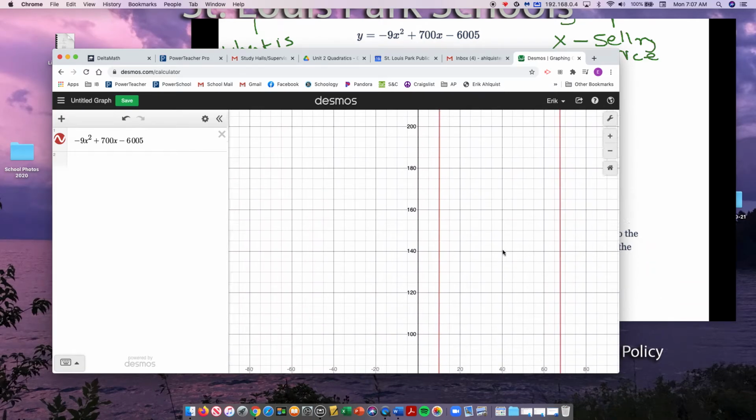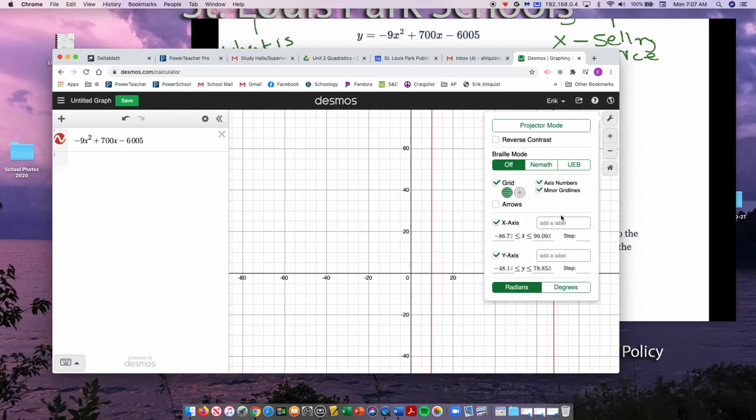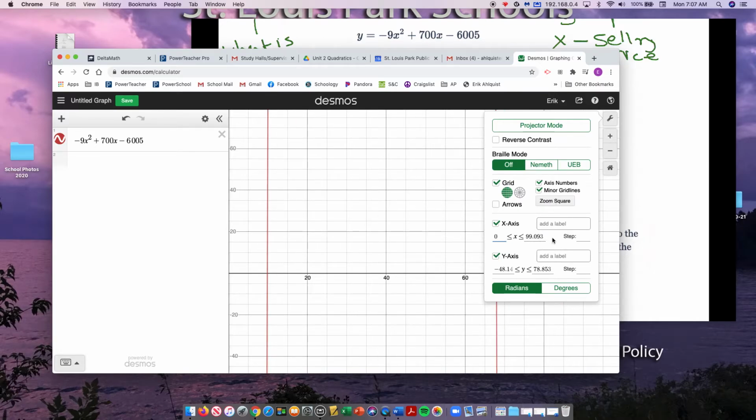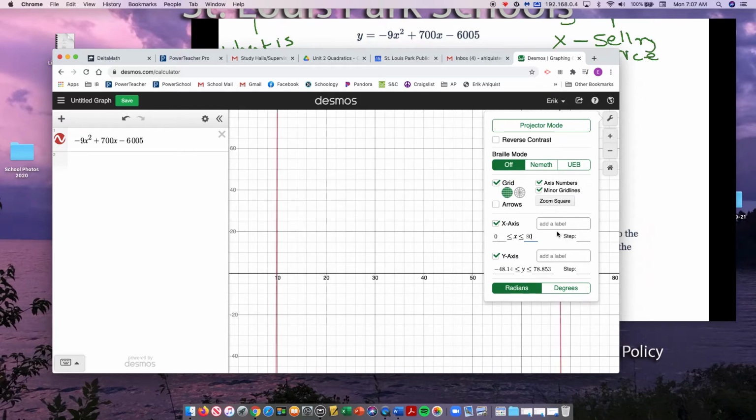Well, I'm going to change my settings a little bit. I'm going to make my x minimum 0, and my x maximum 80, and I'm going to make it go up by tens, but it doesn't really matter.